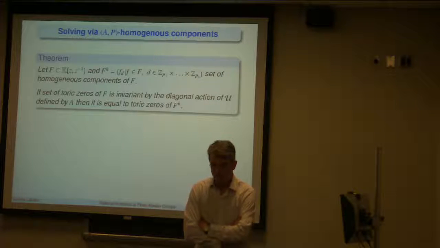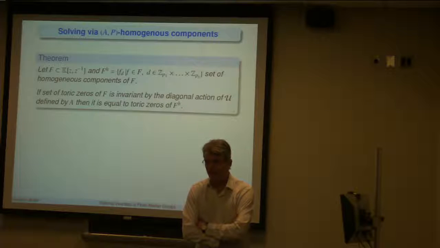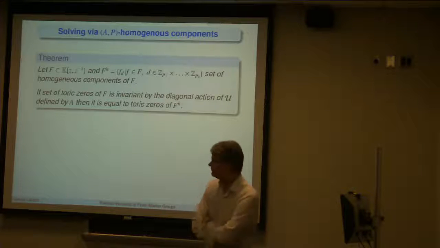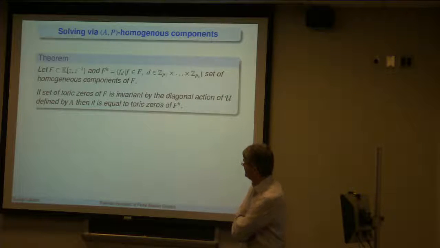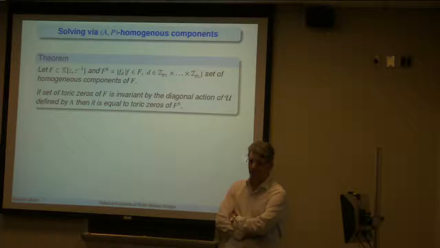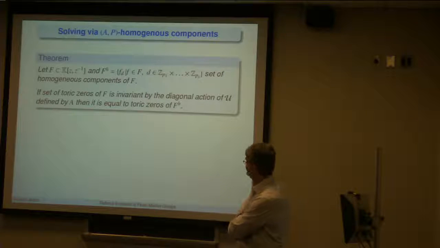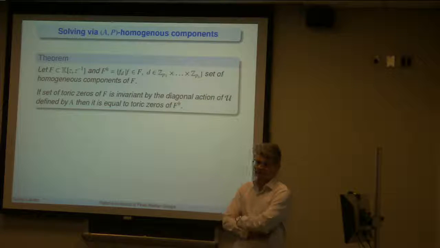So typically what we're looking for is all of the solutions where all the variables are non-zero. Okay. Then the set of toric zeros of F, all the non-zero solutions of F, is invariant by a diagonal action of the group. It is equal to all the toric zeros of all the individual components.